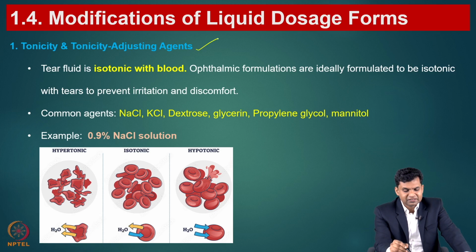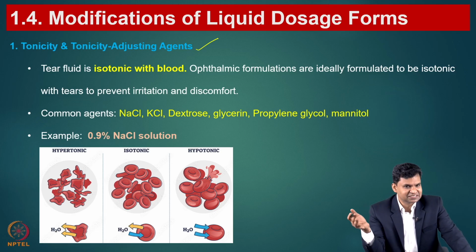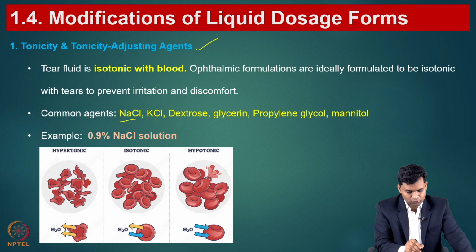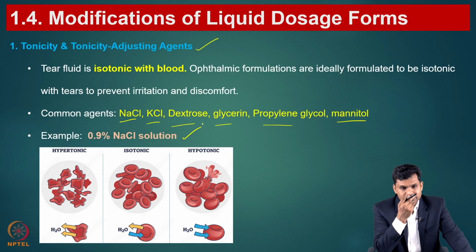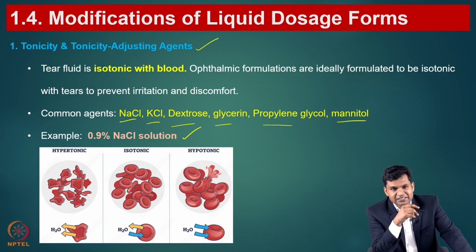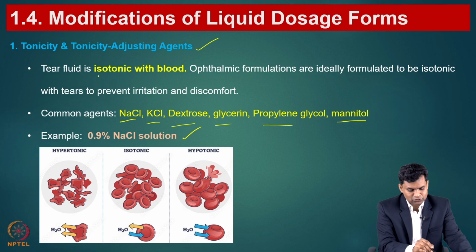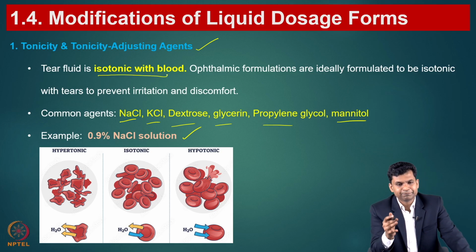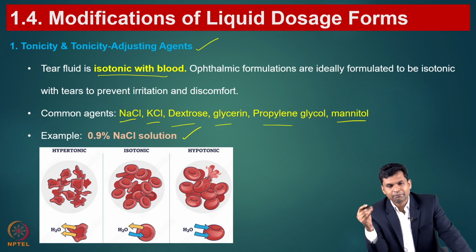We need to maintain isotonicity by using tonicity adjusting agents, for example sodium chloride, KCl, dextrose, glycerin, propylene glycol and mannitol. These are the most commonly used tonicity adjusting agents. The tear fluid is isotonic with the blood, that is, the solute concentration of the tear fluid is equal to the plasma.